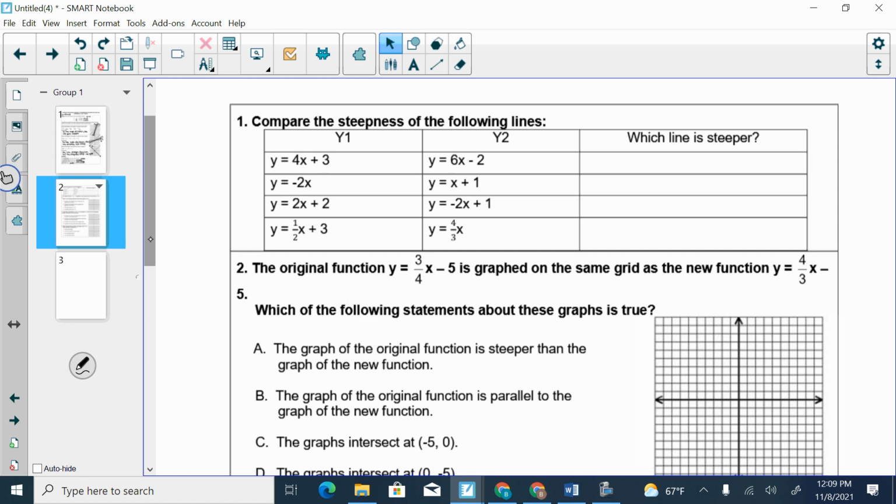So on this equation, which number in there is the slope? The 4 and the 6. Very good. We know that steepness is determined by how much bigger or smaller one is. The bigger the number, the steeper it is. So out of those two, which one should be steeper? The 6. Good. So the line in the y2 column will be steeper.